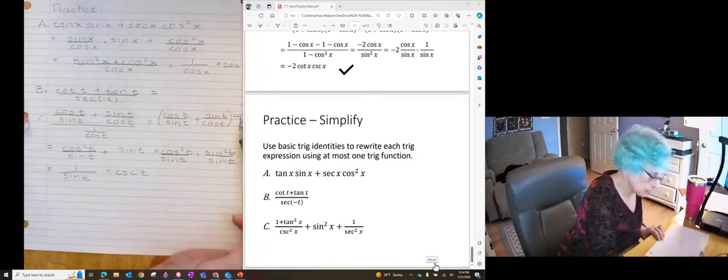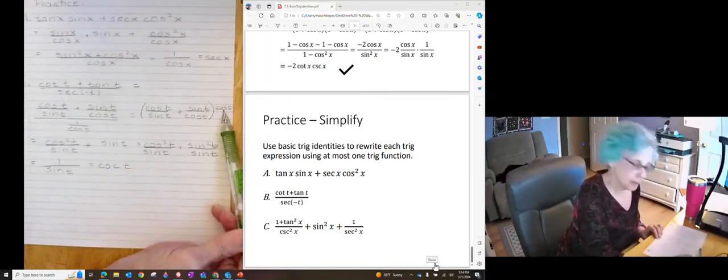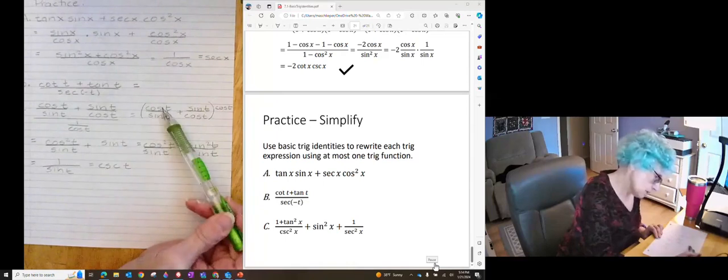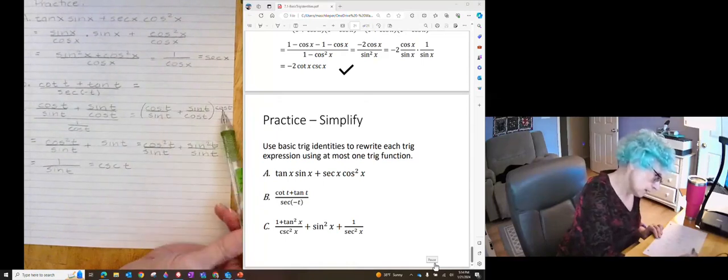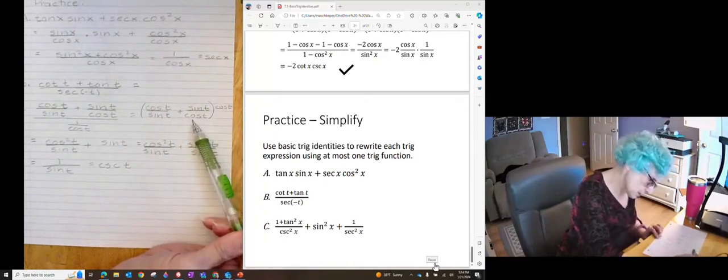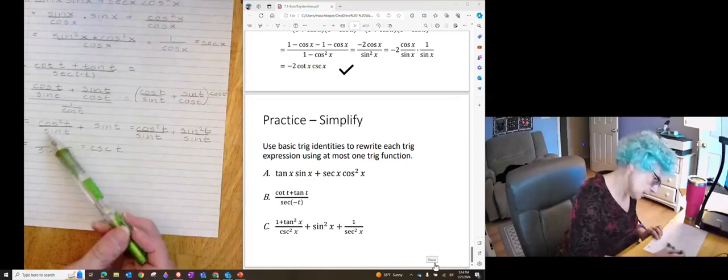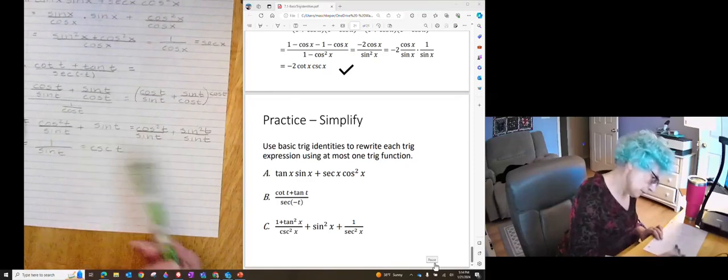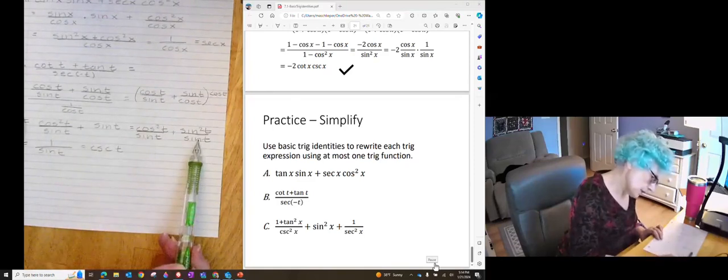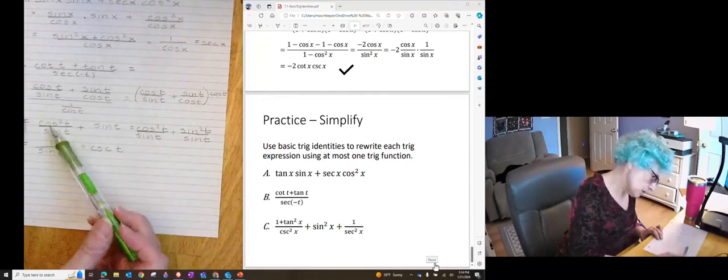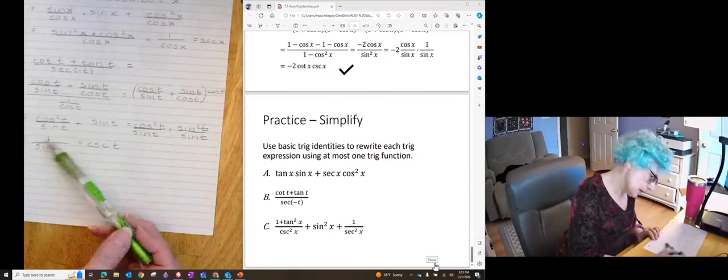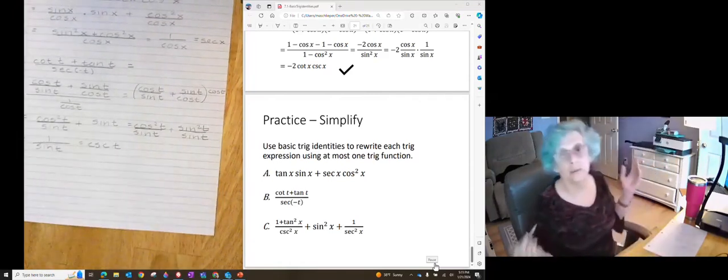So I multiplied by the reciprocal, and then I ended up with cosine squared. That cosine canceled with that cosine. So I had cosine squared of t over sine. I got a common denominator of sine. I ended up with cosine squared plus sine squared, which is 1 over sine, which gave me cosecant.